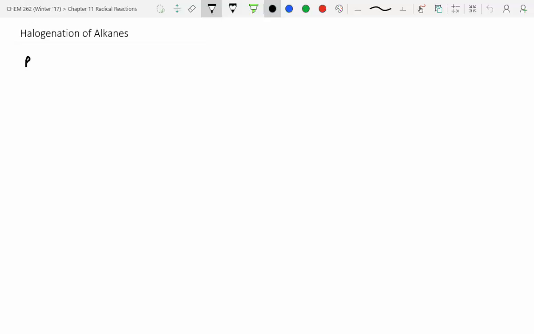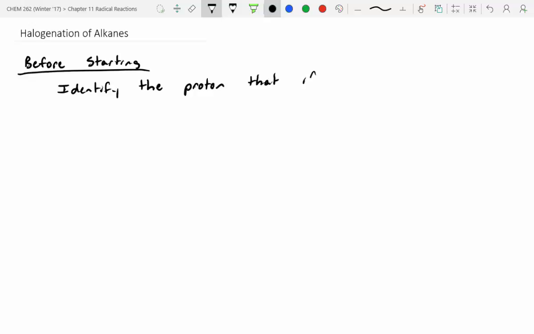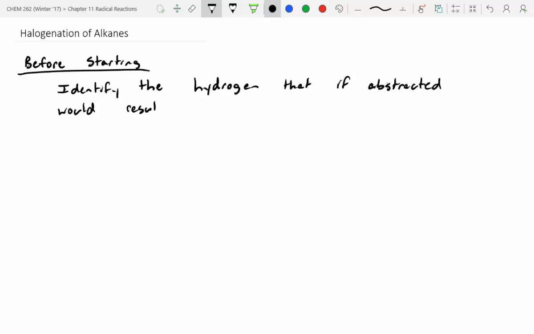And the first thing I do, before starting, is identify which hydrogen, if abstracted, would result in the most stable radical.